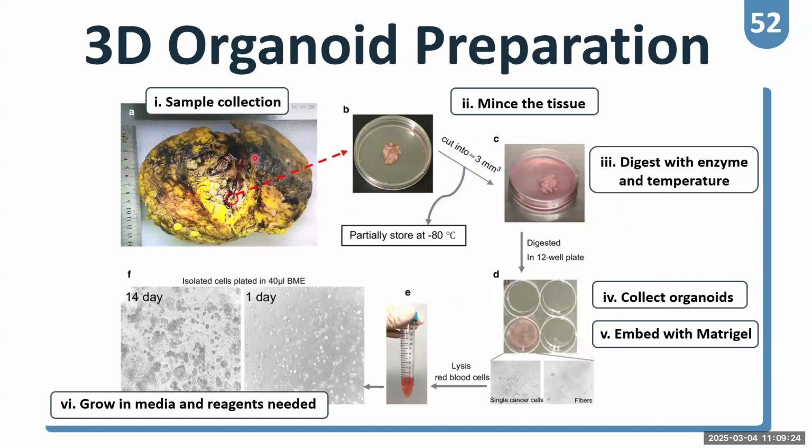Cut the small pieces, and then we digest with the enzyme or the temperature, and then we remove the tissue, getting only the single cancer cells. Sometimes we can use red blood cell lysis buffer, and then we embed in the matrix gel, and then we observe from day one. You will see the single cells, and after that you will see the organoid grow up in the matrix gel.